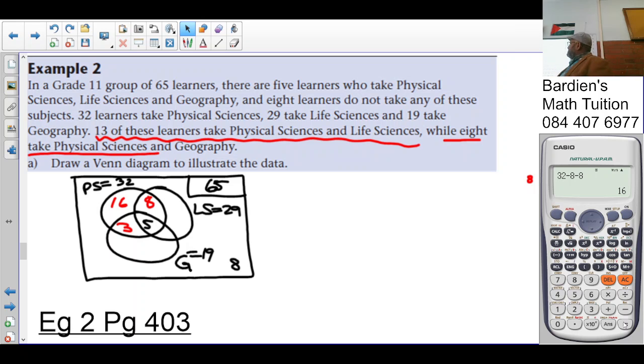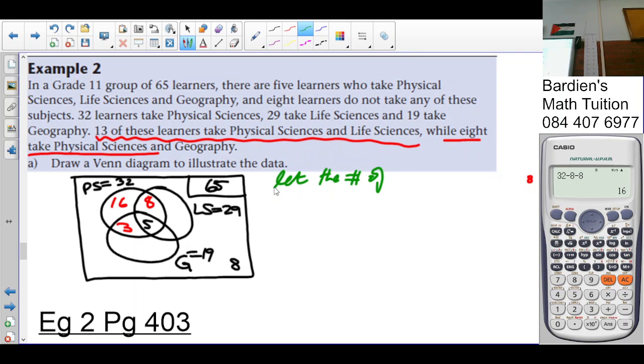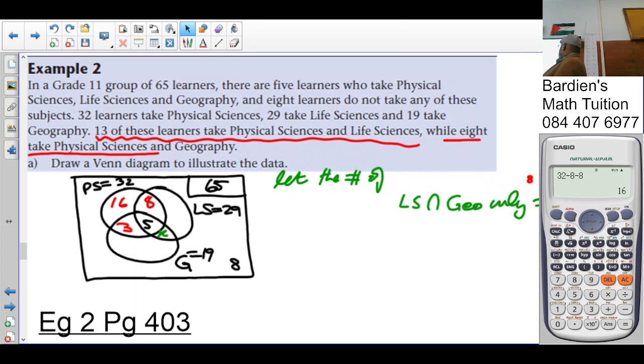So can anything else be calculated at this point? No, not so. So what I do is, I now introduce a variable to the sum. I say let the number of learners doing life science and geo only equal x. You see I'm introducing the x now.